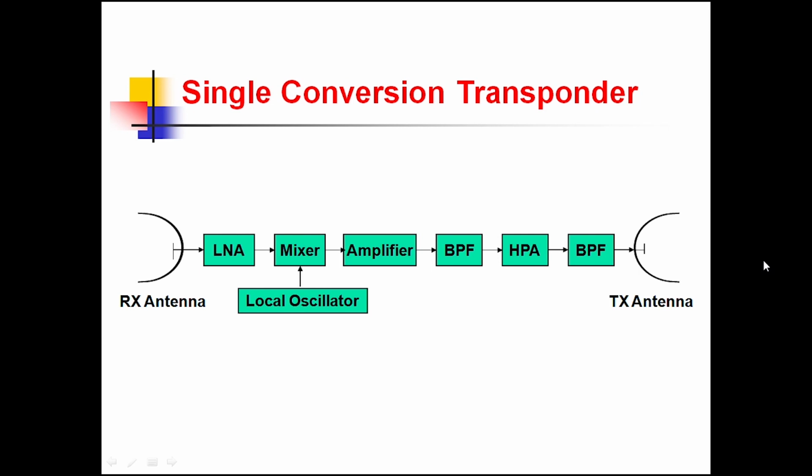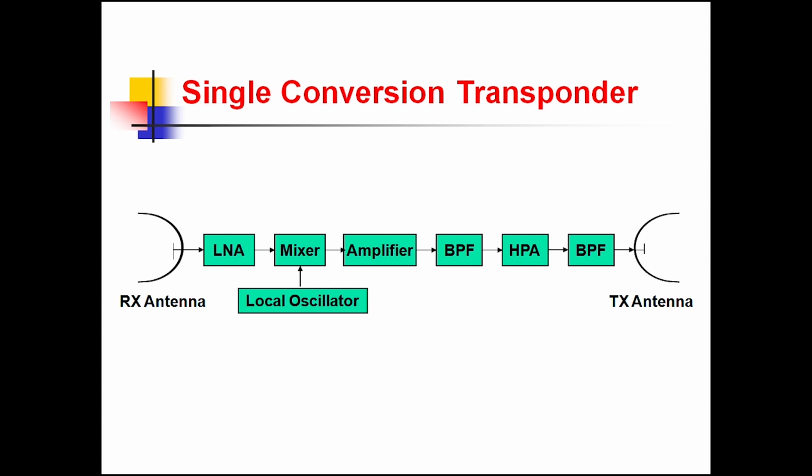Let us discuss in detail the single conversion transponder with the help of this block diagram. The uplink signal, 6 GHz in the case of C-band, is picked up by the receiving antenna and applied to the LNA. It is amplified.